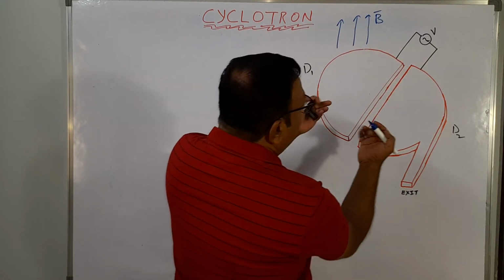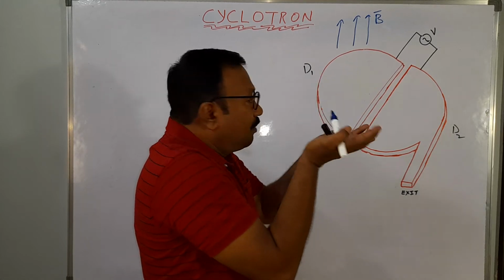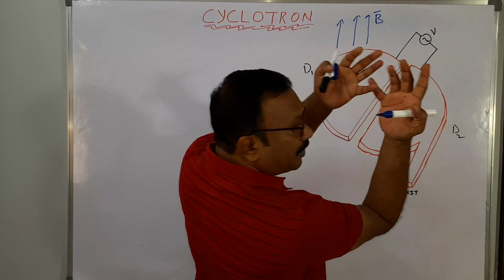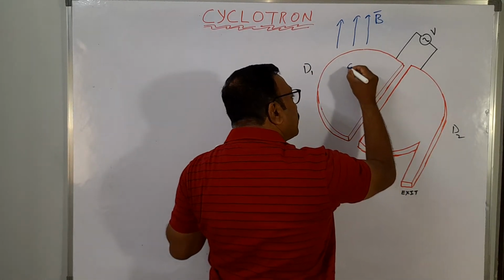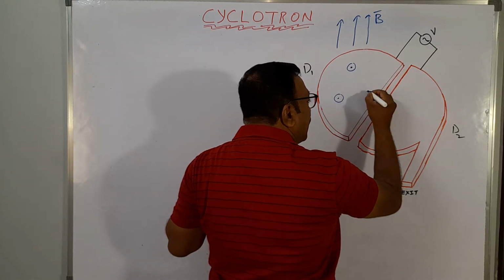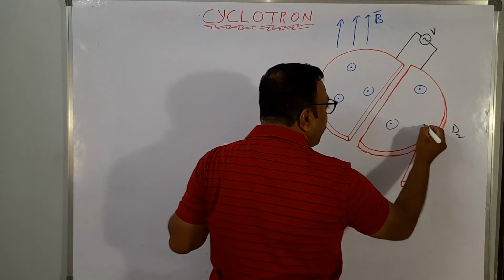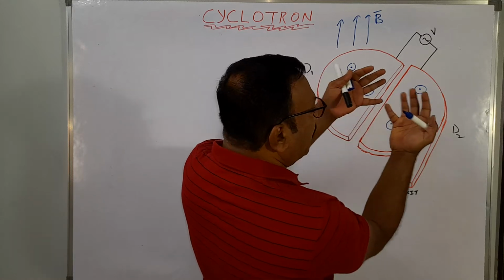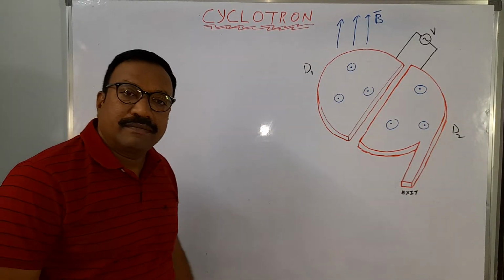The magnetic field in the upward direction means it will be coming out like this. Right? So I will put a dot, indicating that there is an outward magnetic field in this region. So this is B bar.